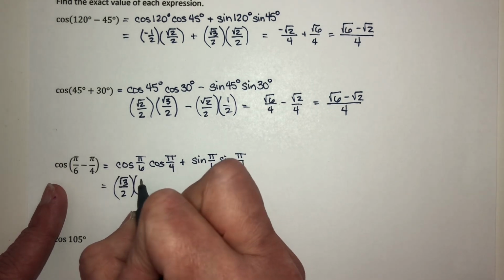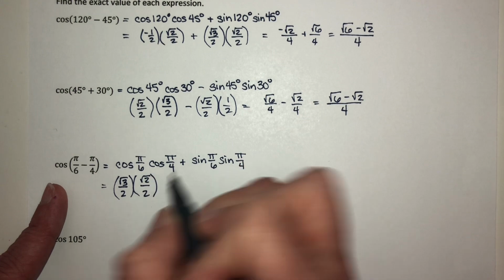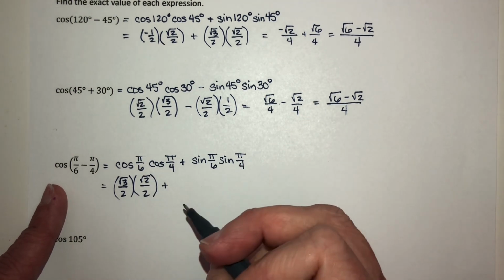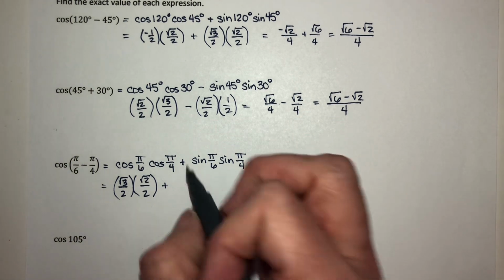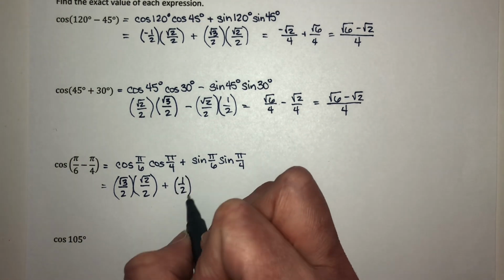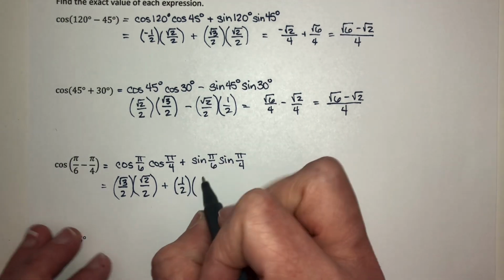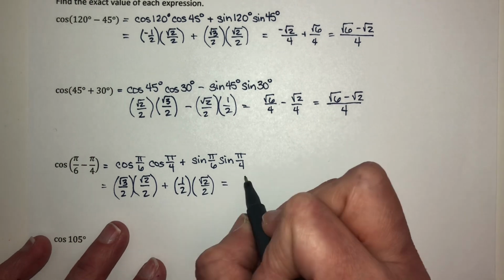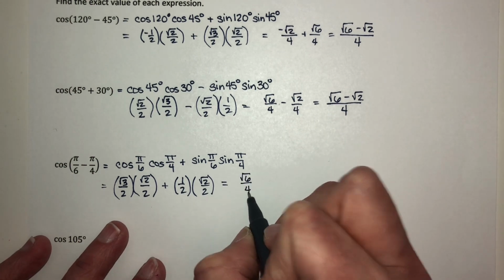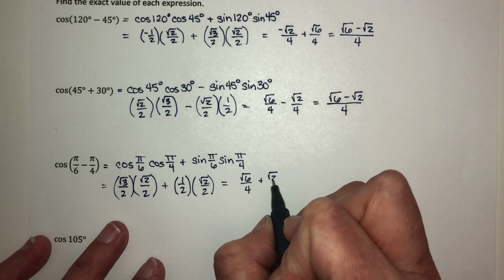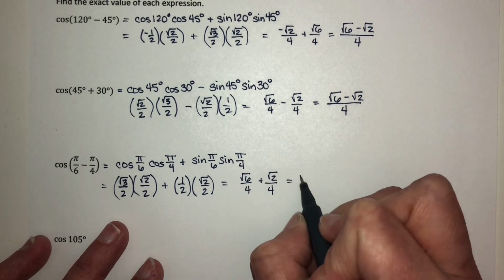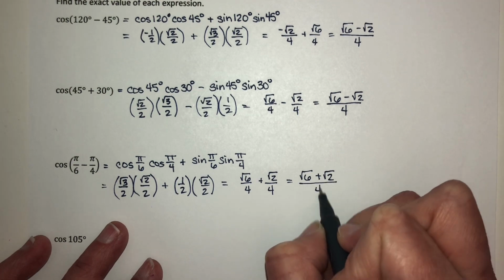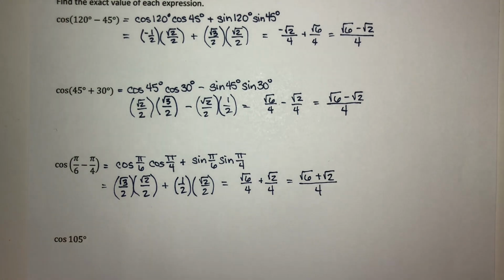Cosine of pi over 4 is square root 2 over 2. Plus sine of pi over 6 is 1/2. Sine of pi over 4 is square root 2 over 2. So this is the square root of 6 over 4 plus the square root of 2 over 4. So combine into one fraction, and you get square root 6 plus square root 2 over 4.